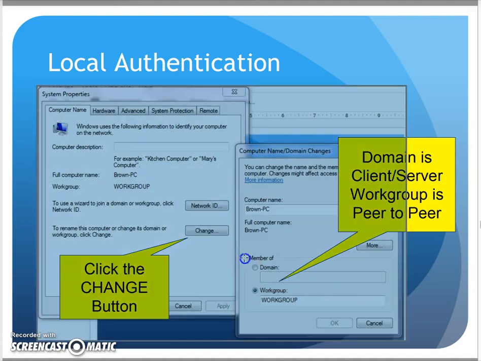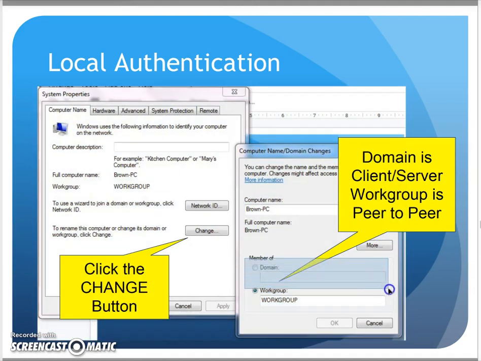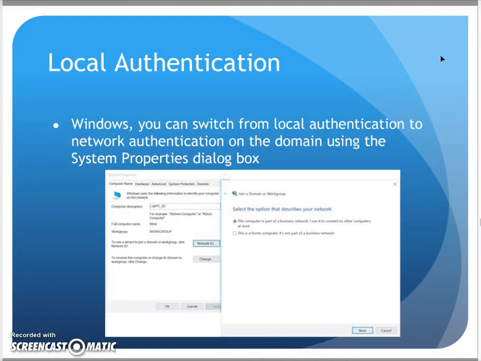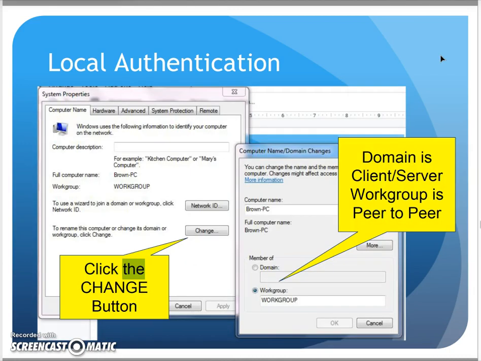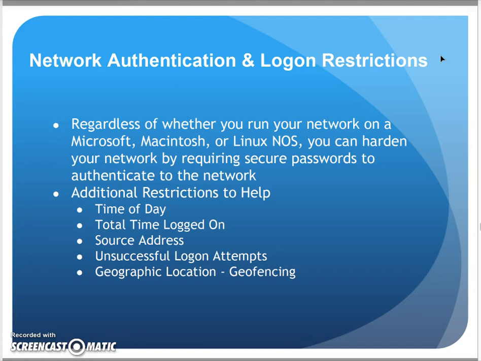If I click the domain option, I'm now going to start authenticating to a Windows server domain. I'm now going to be in a client server environment, and that's what they're talking about. When I want to change from local authentication to network authentication, that's where I do that. I basically say, okay, please authenticate me to a Windows server instead of doing my own thing.